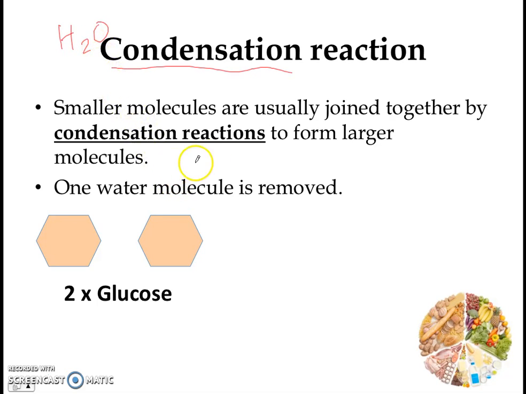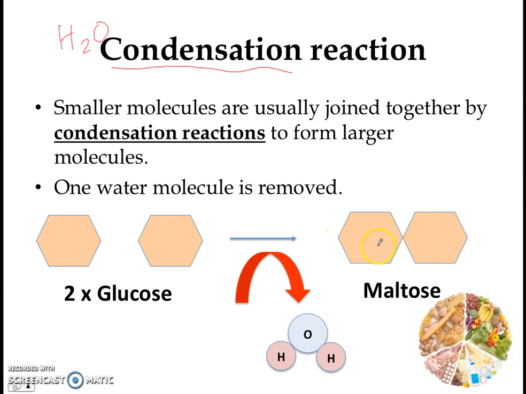So a condensation reaction is where two molecules are joined together with the removal or production of one water molecule. So for example, two glucose molecules here, and voila, by condensation, we get a maltose molecule. Two of them are joined together, but you get the production of one water molecule. It just comes out as a product of the reaction. So that's a condensation reaction.